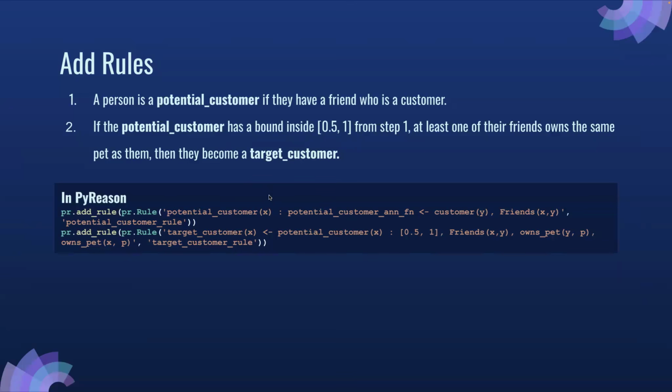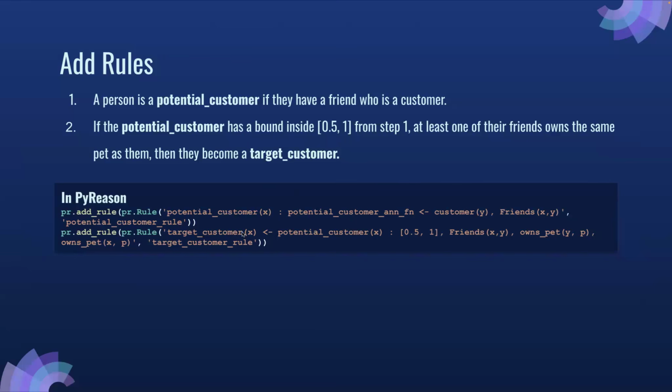A person is a target customer if after becoming a potential customer, they have a bound inside the range 0.5 and 1 from their potential customer, and at least one of their friends owns the same pet as them, then they become a target customer.